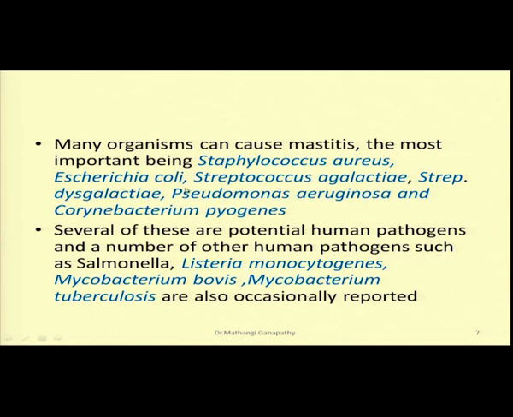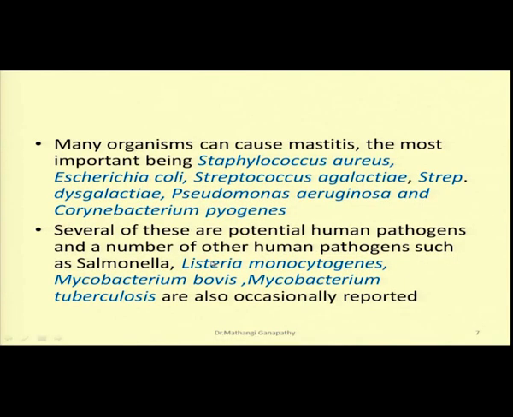All these can cause the same inflammatory type of disease manifestation in the cow or in the bovine which we are talking about, mastitis. And several of these are potential human pathogens also. Along with these, you have other human pathogens like Salmonella, Listeria, Mycobacterium also being reported in milk, which makes milk an excellent nutrient source for the growth of microorganisms.